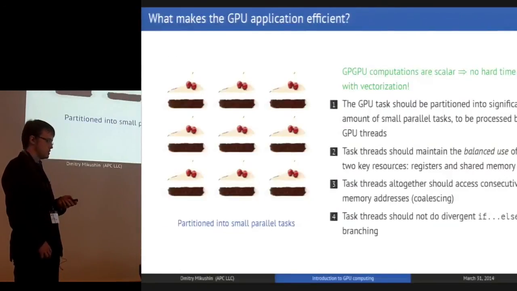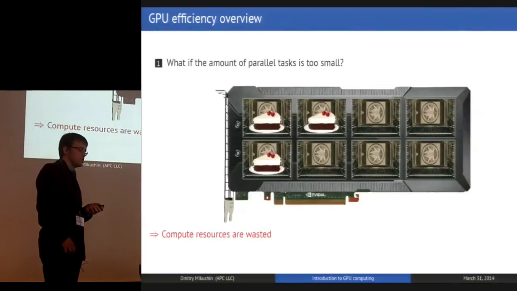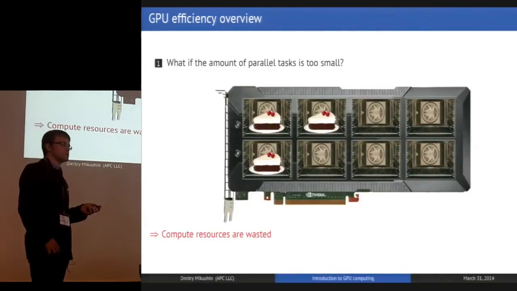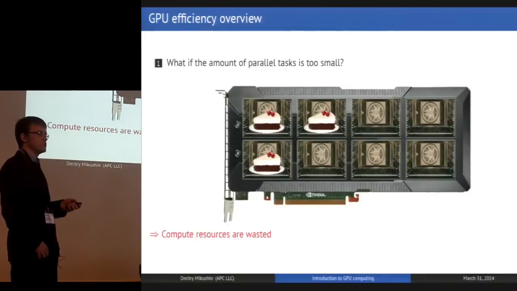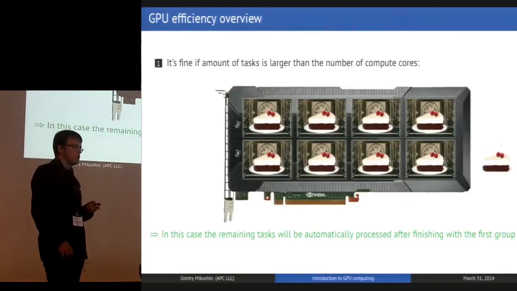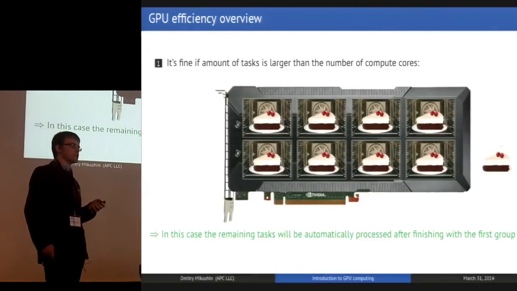So let's see negative examples of all these properties. What if the amount of parallel tasks is too small? We have the compute capability, but we use only a very small portion of it, which means that the GPU resources are wasted. It's okay if the number of tasks is larger than the number of tasks we can handle simultaneously on GPUs. This will be handled by the GPU driver. There is no need to worry about that.